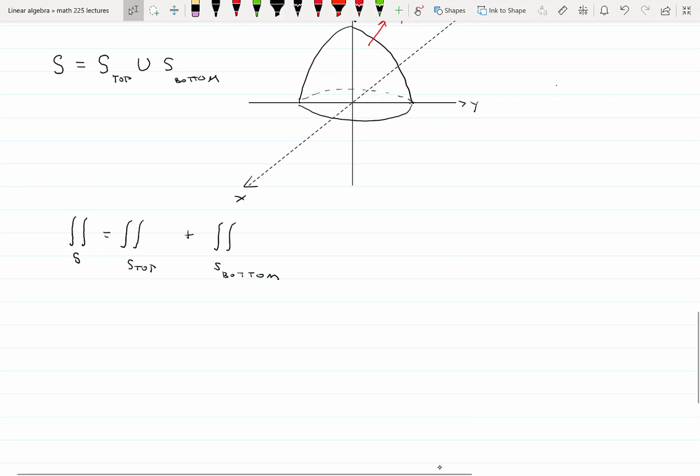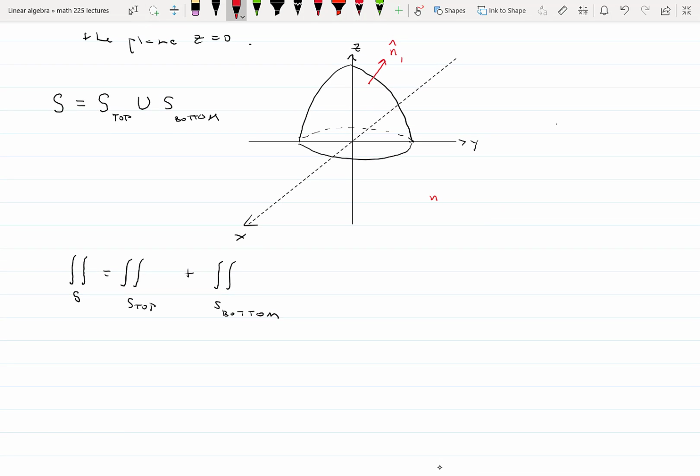Okay, so if you've forgotten that, unit vector n sub 1 is the upward unit normal, and it is the vector minus gx, minus gy, 1, divided by the length of that same vector, from our previous section.